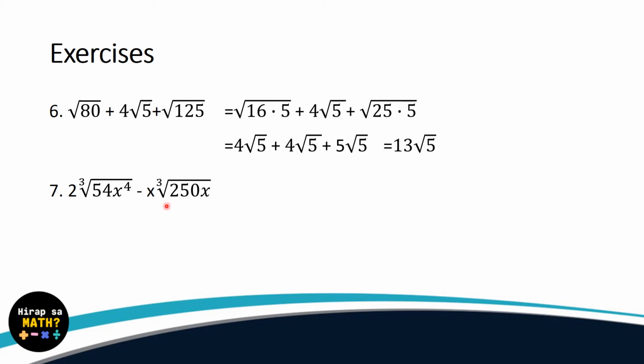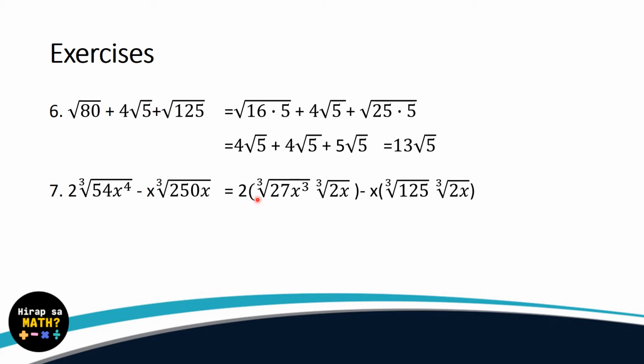Next problem naman, number 7, 2 square root of 2 cube root of 54x to the 4th minus x cube root of 250x. Again, yung nasa loob, hindi na naman siya like radicals. So, bibiakin ulit natin siya. So, makikitang pinarenthesis ko muna nung biniak itong sa loob para hindi tayo magkalituhan.